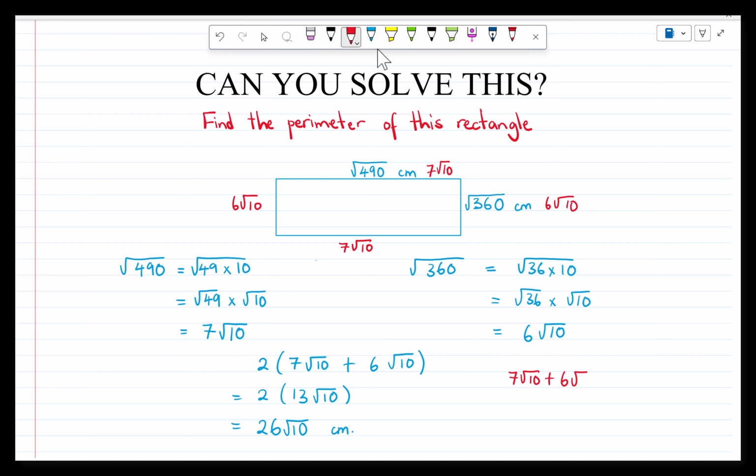Because they are like terms, we can simply add 7 plus 6 and we get 13. 13 plus 7, that is 20. 20 plus 6 is 26. Hence we get the answer similar to what we have, 26 root 10 centimeters.